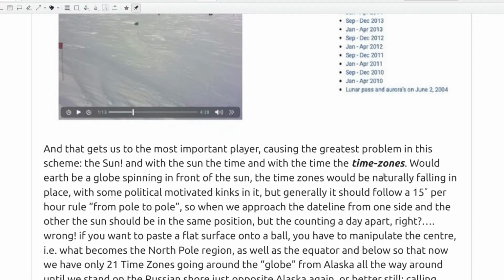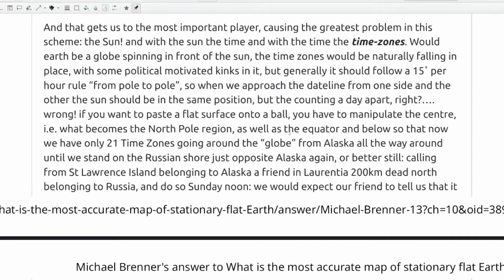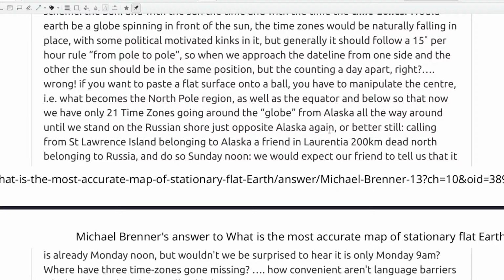Wrong. You want to paste a flat surface onto a ball, you have to manipulate the center, i.e. what becomes the North Pole region as well as the equator and below, so that now we have only 21 time zones going around the quote-unquote globe from Alaska all around until we stand on the Russian shore just opposite of Alaska again.